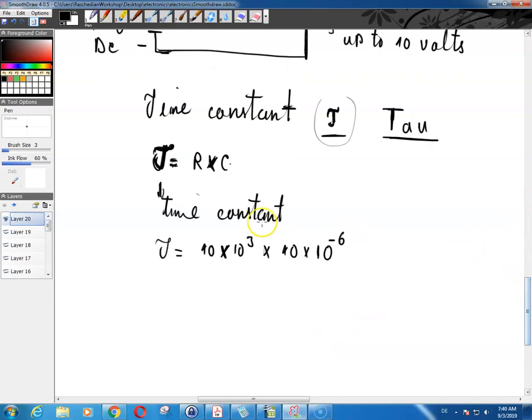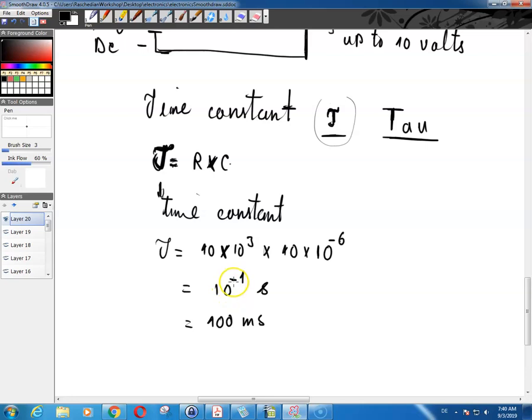Then you get 10 raised to the power negative 1 second, which is 1/10 of a second, which would be 100 milliseconds.